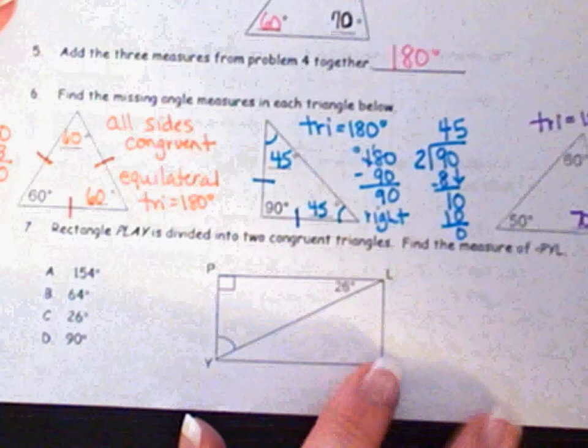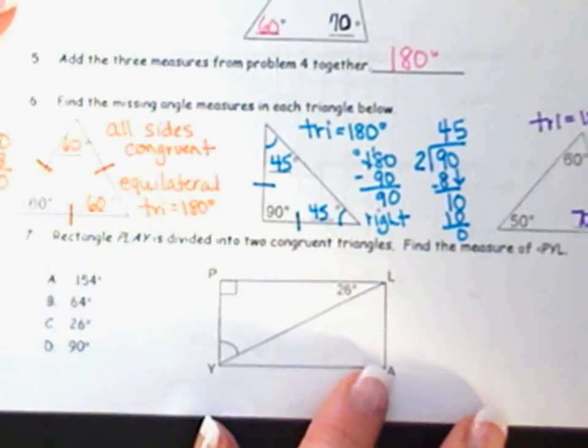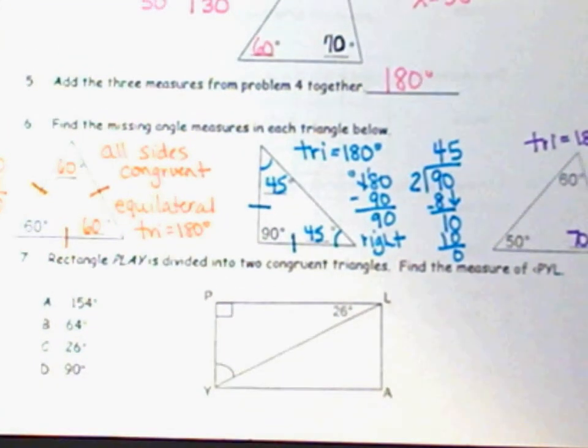Again, I know that a triangle should add up to 180 degrees. So I'm going to take what I have, add them together, take what I need of 180, subtract what I have, and see what I still need. My answer is 70, which means this is a 70-degree angle.